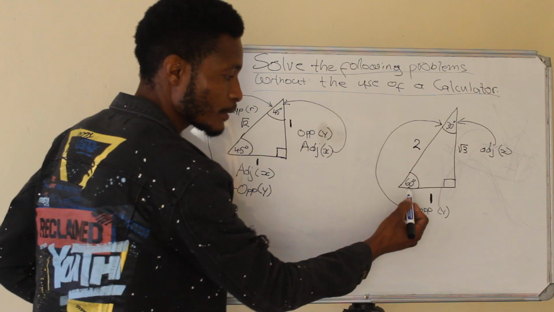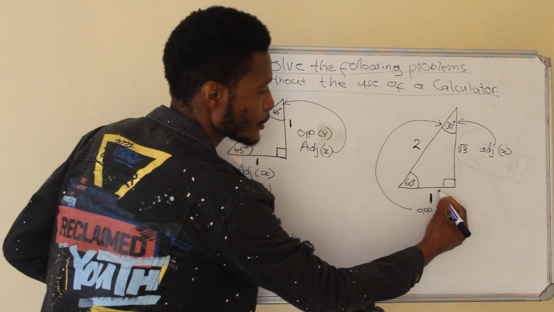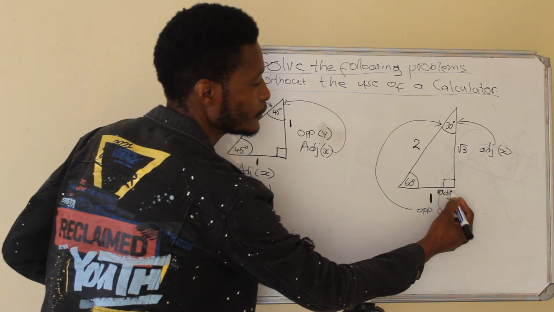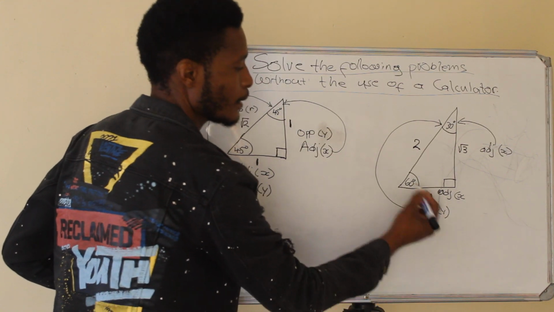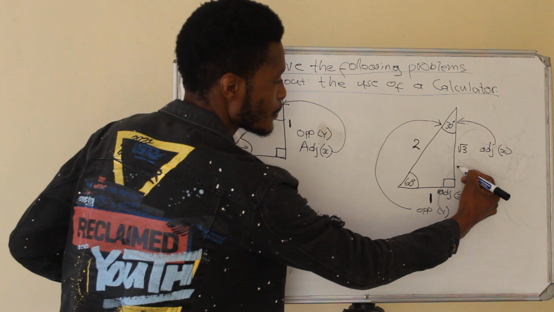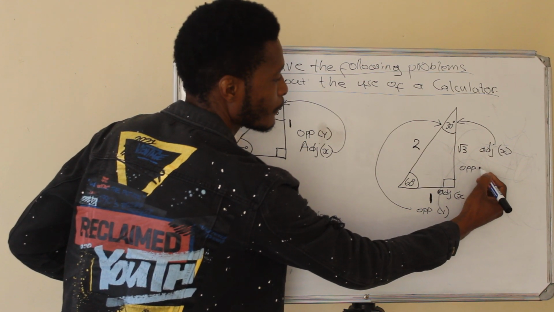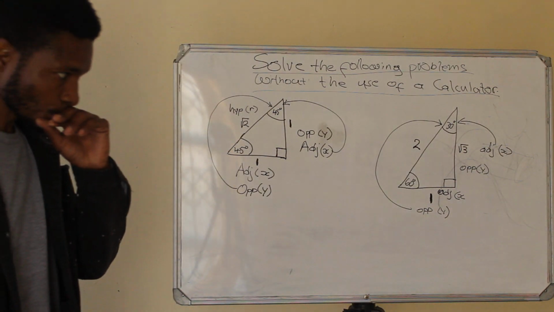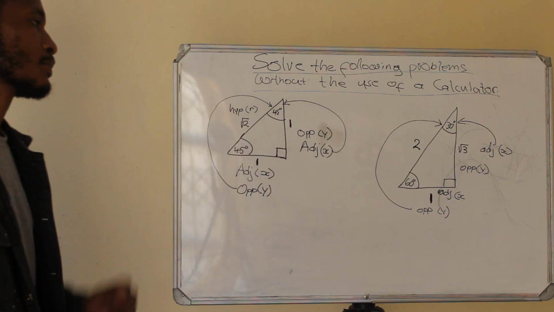But if we're talking about the 60-degree angle, this is actually your adjacent side, which is represented by x, and for the 60-degree, this would be your opposite side, represented by y. Okay? Now, those are how you're going to allocate those sides.